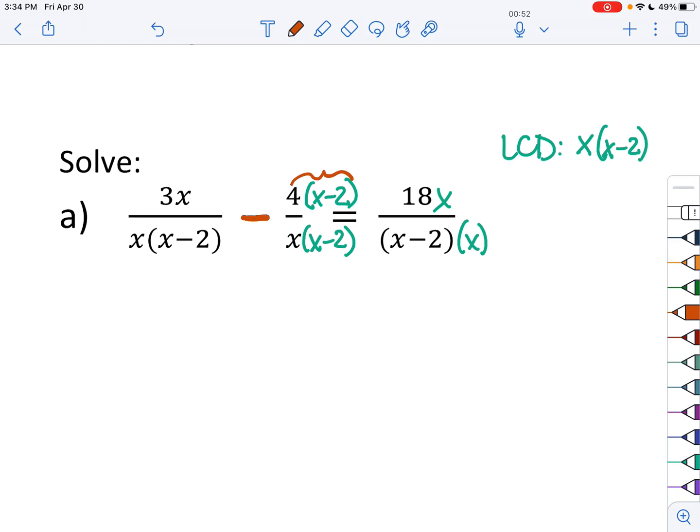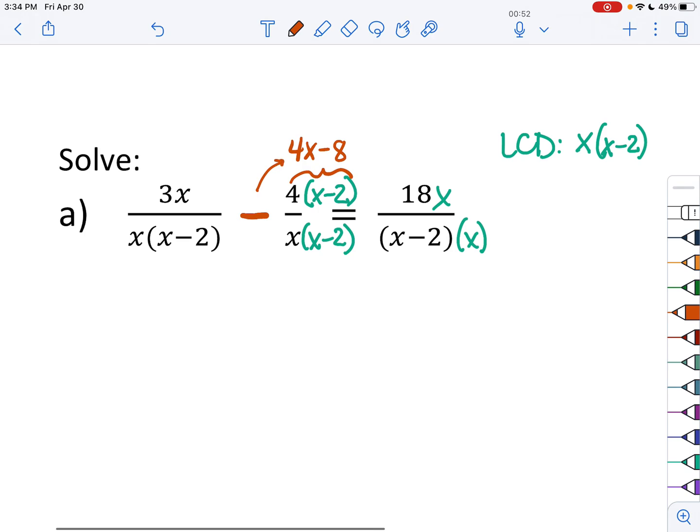And so instead of distributing it right now, which could be a little confusing, I'm going to go ahead and do this 4 times x minus 2 first. Okay. And now I can distribute my minus sign, right? Because it has to go to this and to this, effectively basically changing those signs, okay?